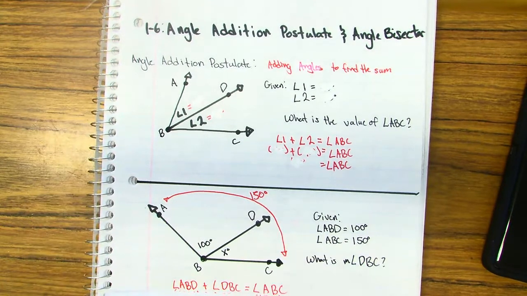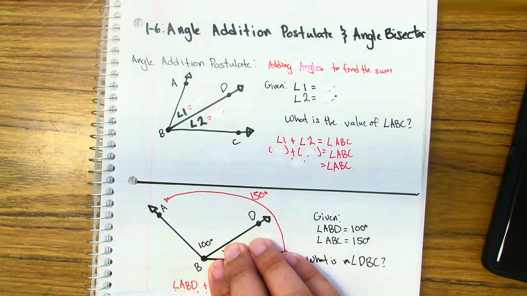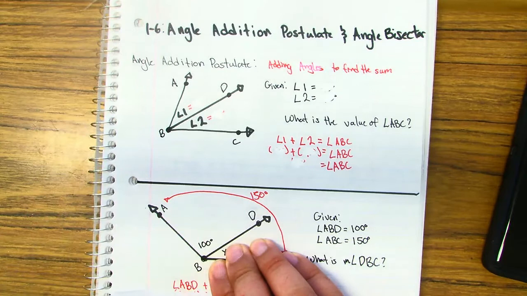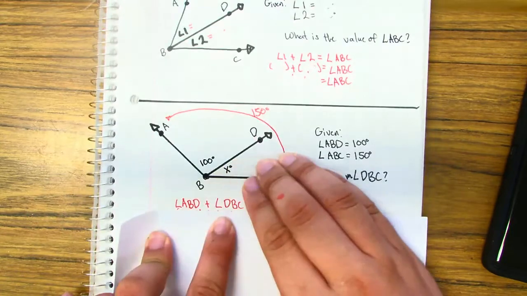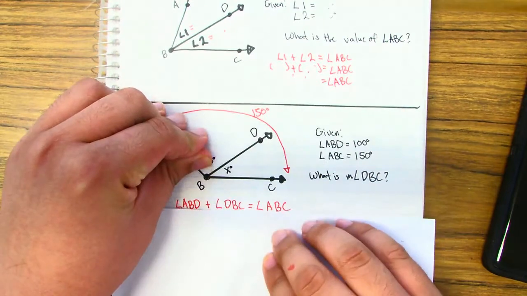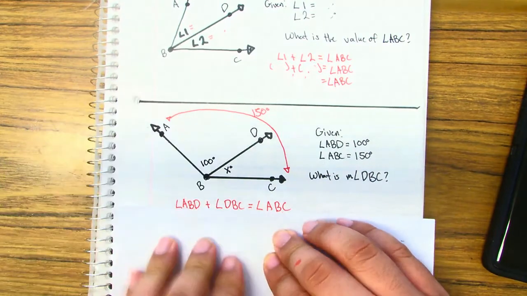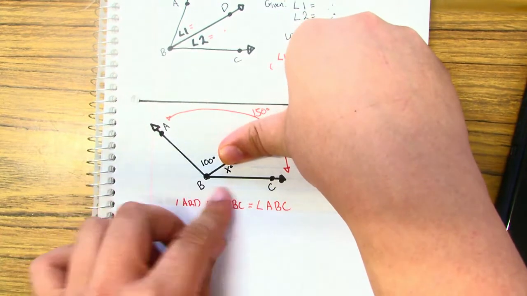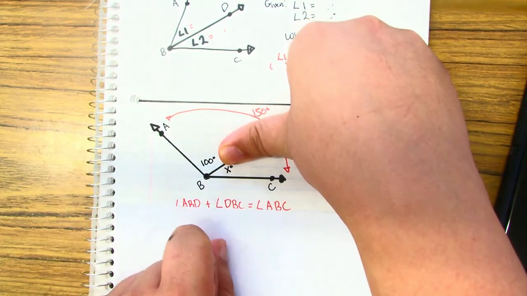What I need to do is add the first angle, which is ABD, right here, and add the second angle, which is DBC. Okay. And then I'm going to add them together to get the total angle, which is ABC. Okay.